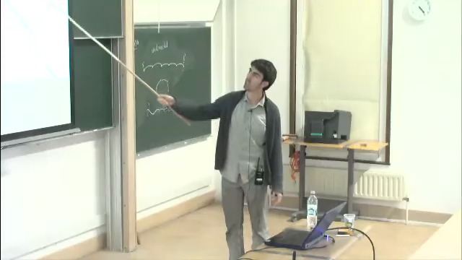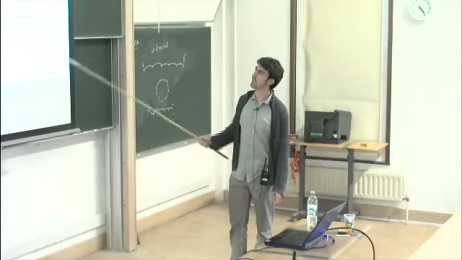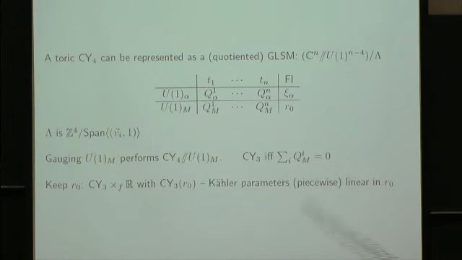When we compute the D-terms of these gauge groups, we have some Fayet-Iliopoulos parameters appearing in the D-term equations. In particular, there is one that I called R_0. As I said, we don't really want to do the Kähler quotient; we want to do the ordinary quotient. So we keep this R_0 as our coordinate, and as we vary R_0, we get our fibration of the Calabi-Yau 3 along the line. We know that these Fayet-Iliopoulos parameters in fact control the Kähler moduli of the Calabi-Yau 3. Okay. Any questions so far? Good.